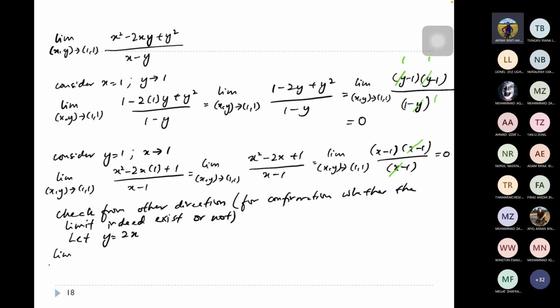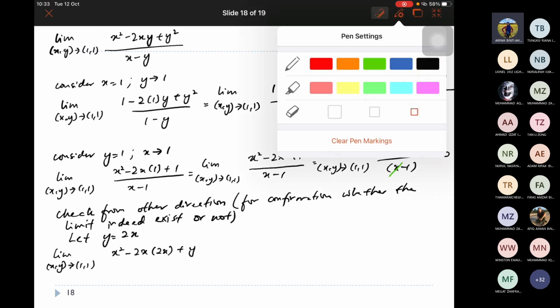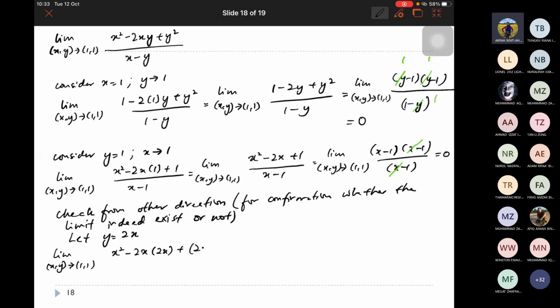So the limit of xy approaches 1 for x squared tolak 2x darab 2x plus y squared sama dengan 2x squared over x minus 2x.